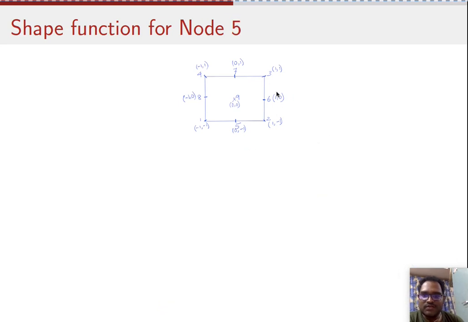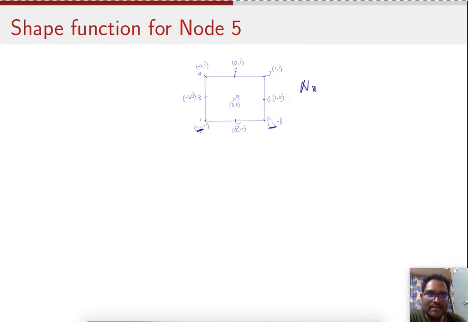Similar to this, you can try finding the other shape functions. Let me go for the intermediate node which is present over here. So n5 is considered, and you'll have both the x direction as well as the y direction case. In the x direction, obviously it is easier. What we are looking at is minus 1 over here, and similarly 1 over here.